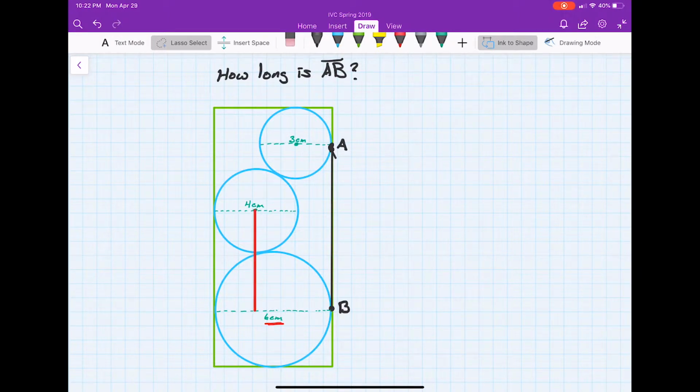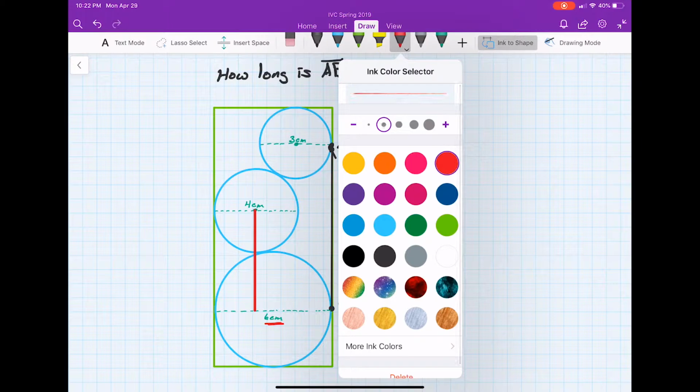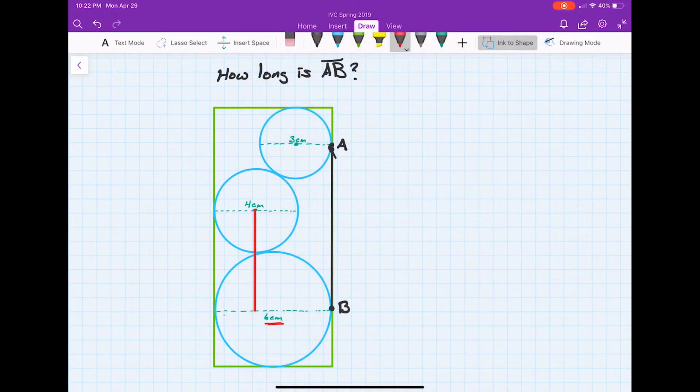Since this is 6 centimeters across, this is half the radius of my middle circle, this distance. And since this is the center, that means half the radius of this circle at 6 centimeters is 3 centimeters.